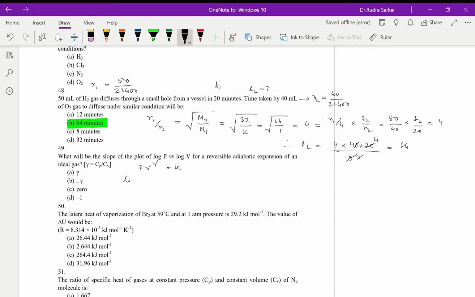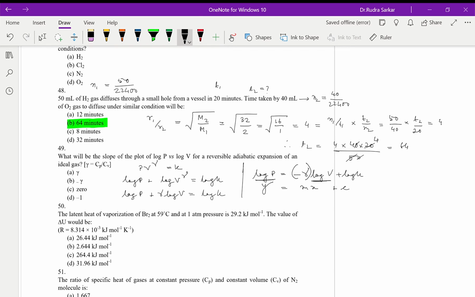So taking logarithm on both sides, we have log P plus gamma log V equals log K, or we can write this in the form of an equation of a straight line as log P equals minus gamma log V plus log K. Now comparing this with y equals mx plus c, where this is the y axis and this is the x axis, what is the slope?